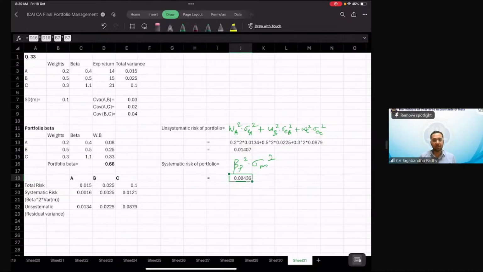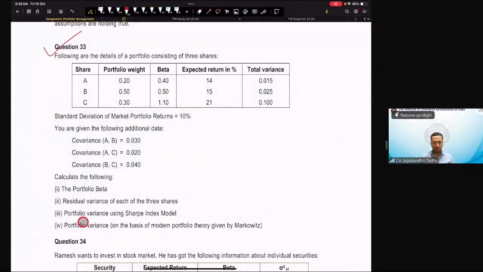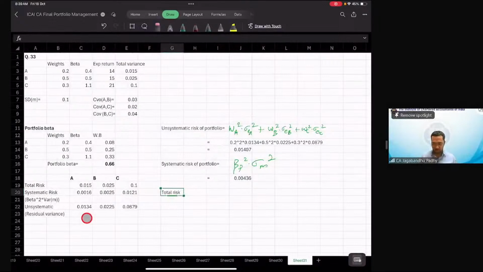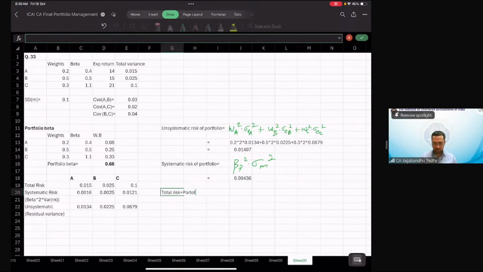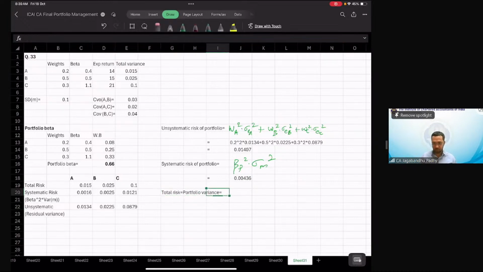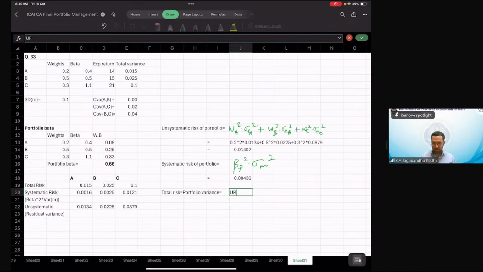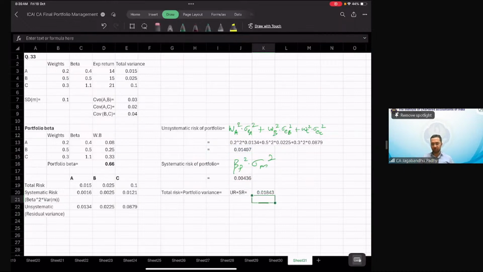That's the systematic risk. Now, of course, the total risk, because the question asks us to compute the portfolio variance or total risk, which is also said to be portfolio variance. Portfolio variance will be unsystematic risk plus the systematic risk, which is 0.0147 plus 0.00436.